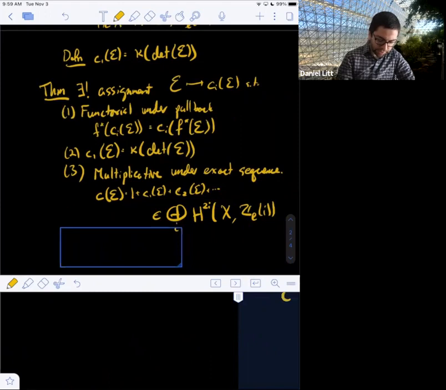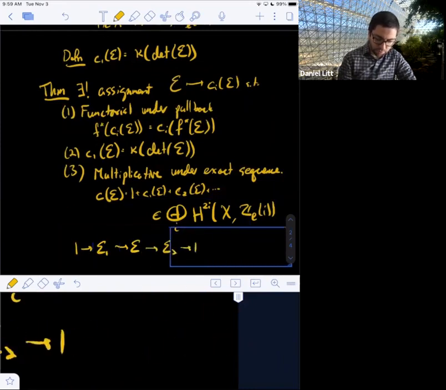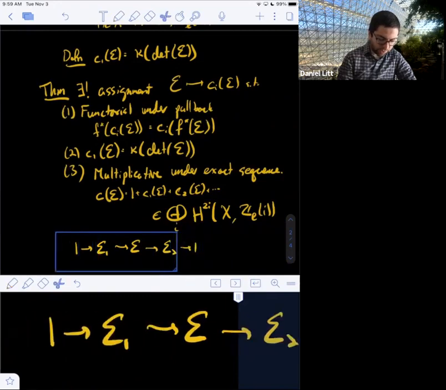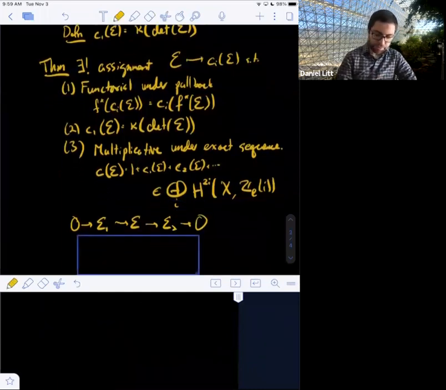then if we have a short exact sequence 0 to E1 to E to E2, I would say the identity section of a vector bundle should probably be denoted 0. Then what do you get?